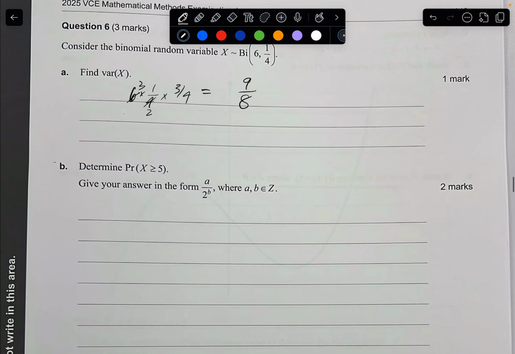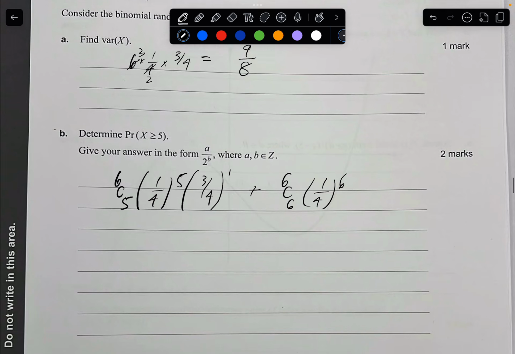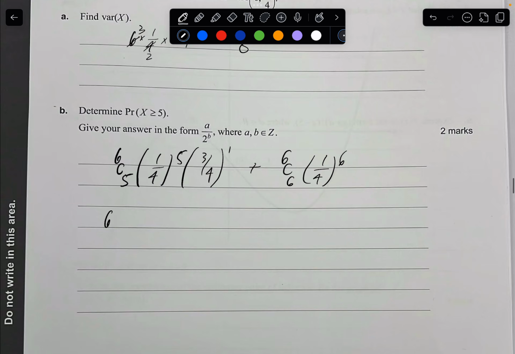Determine the probability that x is greater than or equal to 5. So that means we have to use the formula for 6 choose 5, and then 3/4 to the power of 1, plus 6 choose 6, 1/4 to the power of 6, and 3/4 to the power of 0. So this is 6 times, you can basically say 1/4 to the power of 5, and then times by 3.